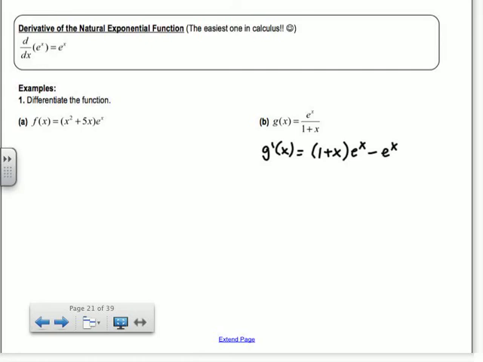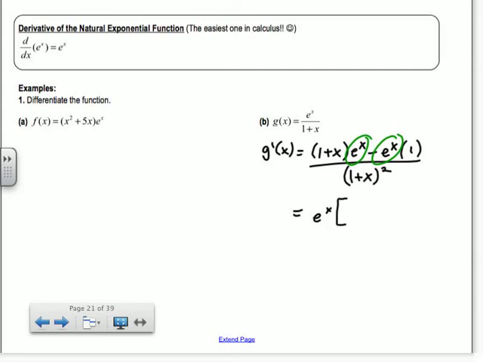So if I have g prime of x, I'm going to have to use my quotient rule. Low derivative of high minus high derivative of low all over the square of what's below. Notice how when you took the derivative of the high, e to the x, and you just had high, e to the x, that means you have an e to the x in common that you can pull out. This will happen every single time.